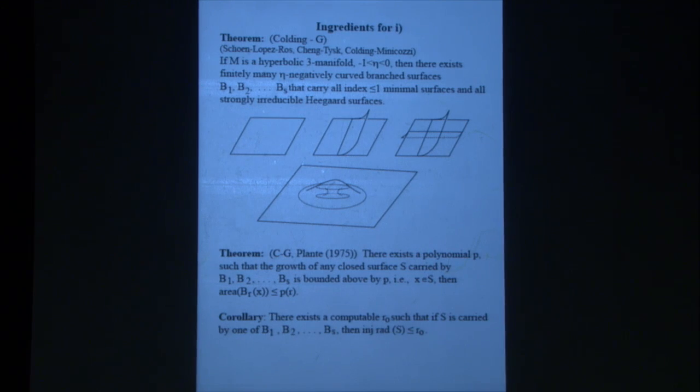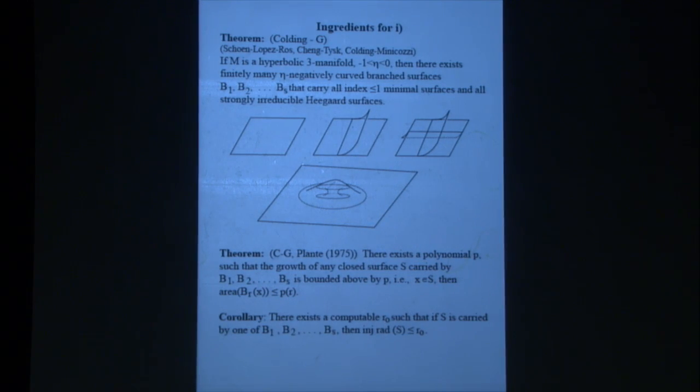First there's this theorem, with Toby, but the hardcore work is due to other people: Shane, Lopez, Ross, Chang, Tisks, and multiple papers of Colding and Minicozzi. It says that if you have a hyperbolic three-manifold, then there are finitely many branch surfaces that carry all minimal surfaces of index 1 and all strongly irreducible Heegaard splittings. These branch surfaces are what we call eta negatively curved.